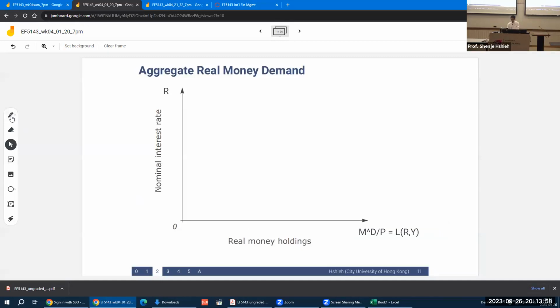Just to reinforce the relationships between R, L, and Y: R is negatively related with liquidity preference, and Y is positively related with liquidity preference. So based on this, if I'm going to formalize a relationship between R and L, should the line be downward or upward sloping?